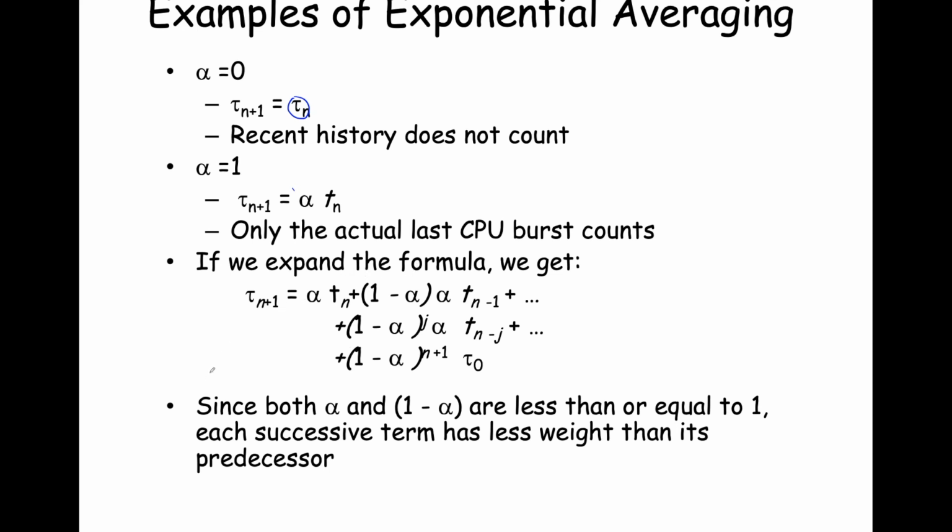Now, since both alpha and 1 minus alpha are less than or equal to 1, each term going back in time has less and less weight than its predecessor. So you have a tailing off: the further back in time an estimate was, the less it factors into the next time step's estimate of the burst time.